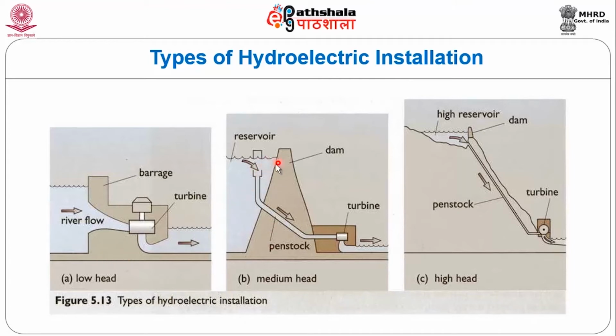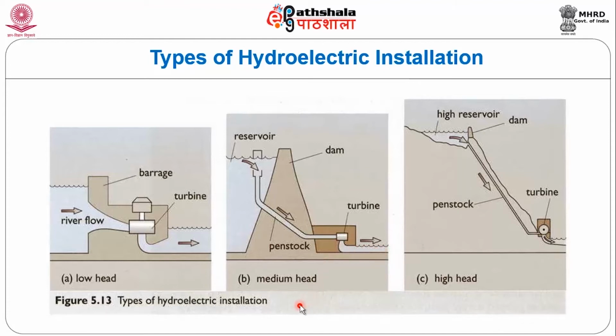This is a medium head dam, and this is a reservoir, and it has a penstock, and through the big pipeline the water comes and gushes out through the turbine, where there is the hydraulic turbine. Because of the high pressure and velocity of the water, it impinges on the blades, and the blades rotate and generate mechanical power. It is connected to the generator, which converts it into electric power, and the water goes out through the tail race.